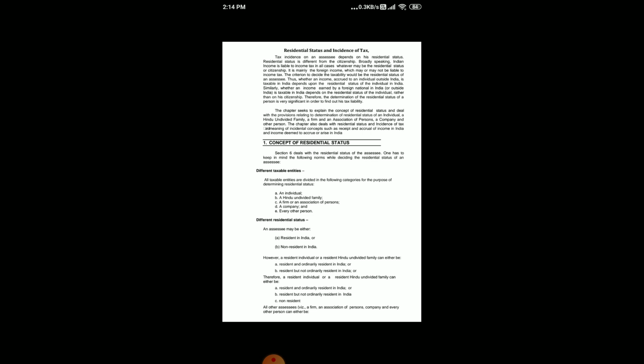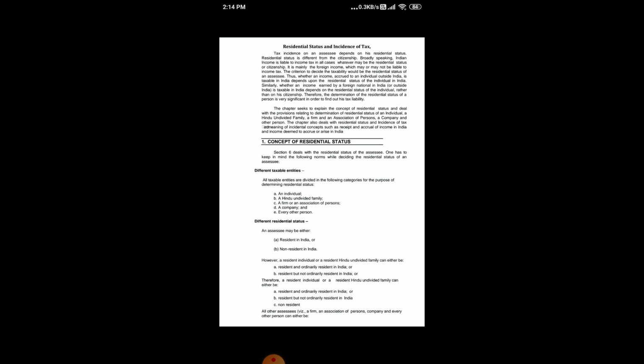All other assessees like a firm, association of persons, company, or any other person can be classified into two types: first is resident in India and second is non-resident in India. For an individual or Hindu undivided family, the status is of two types, resident and non-resident, and resident is again subdivided into resident and ordinarily resident, and resident but not ordinarily resident.